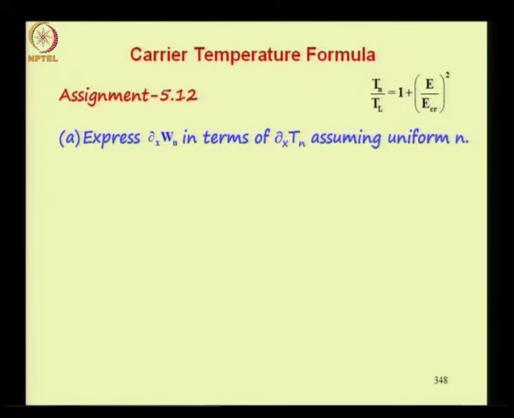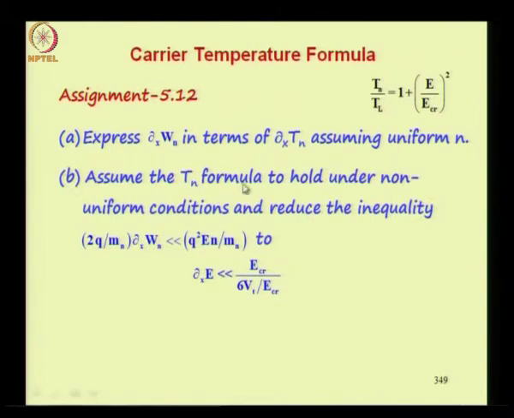So step 1, express dou Wn by dou x in terms of dou Tn by dou x assuming uniform electron concentration n. So here you will have to express Wn in terms of the carrier temperature. You know that formula, use that. Then assume the Tn formula to hold under non-uniform conditions and reduce the inequality 2q by mn into dou Wn by dou x much less than q square En by mn to dou E by dou x much less than critical electric field divided by 6 times Vt by critical electric field.